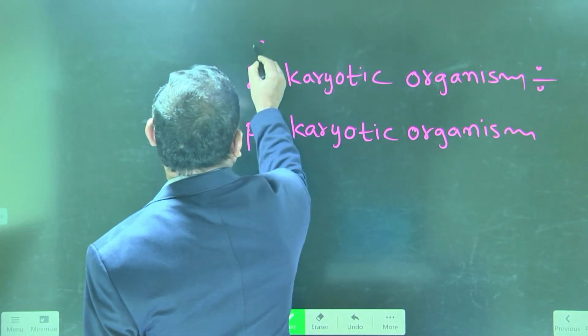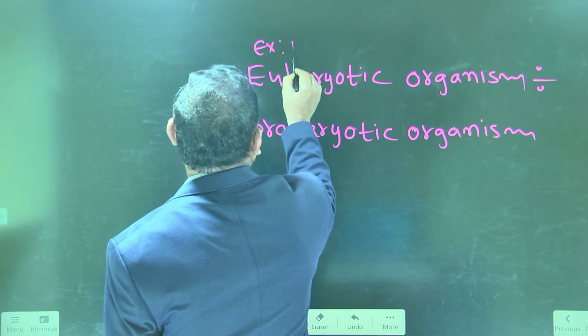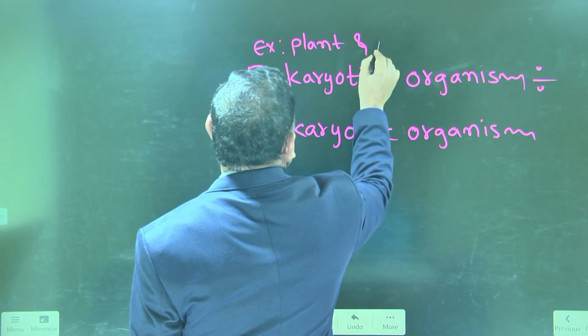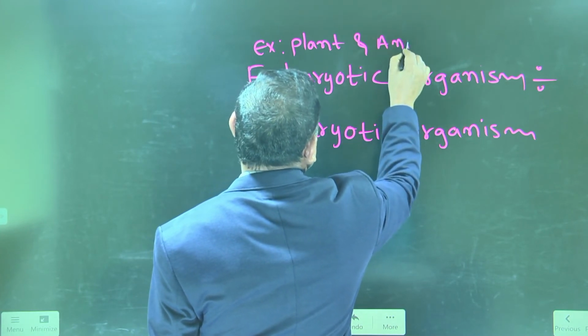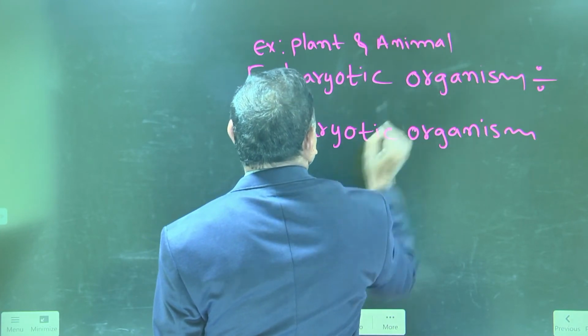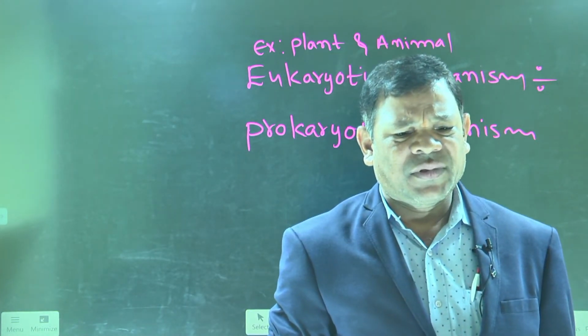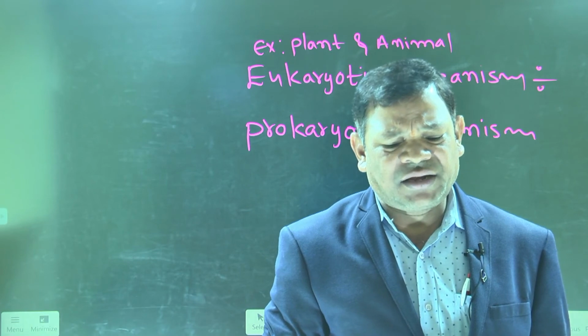Examples of eukaryotic organisms are all the plant cells and all the animal cells; they have a distinct nucleus and nuclear membrane. Avinash, do you understand?